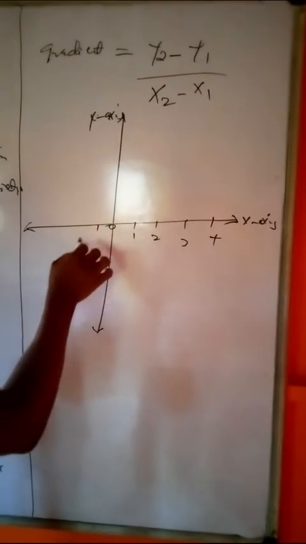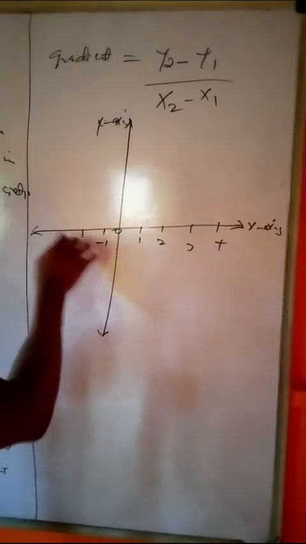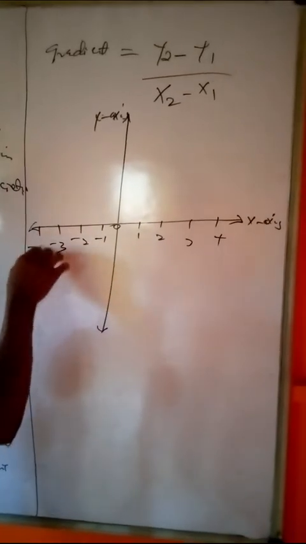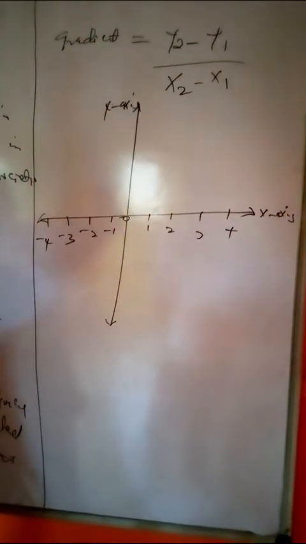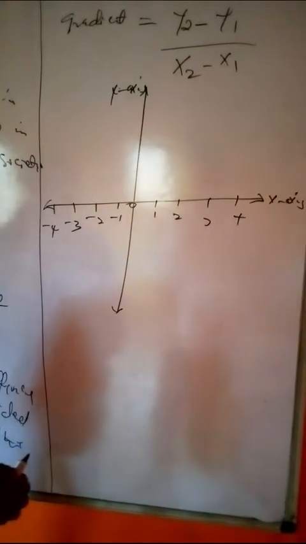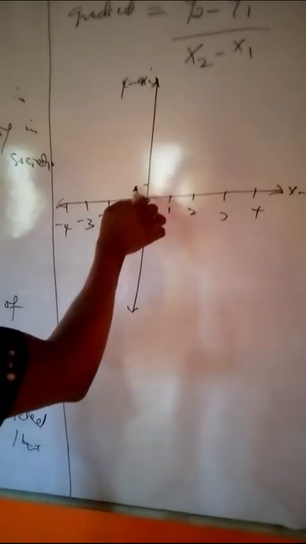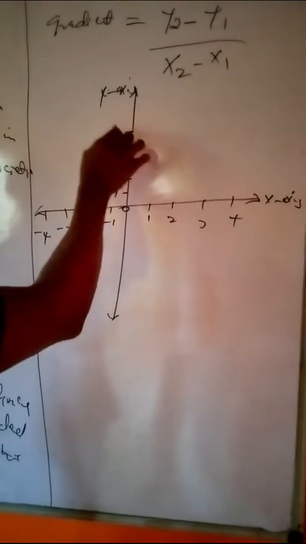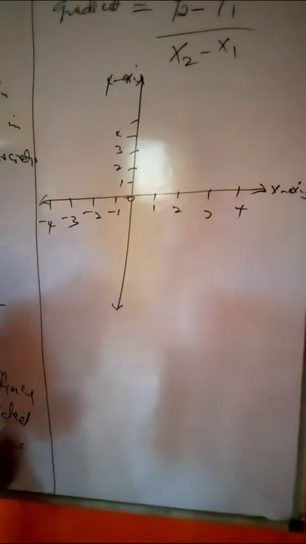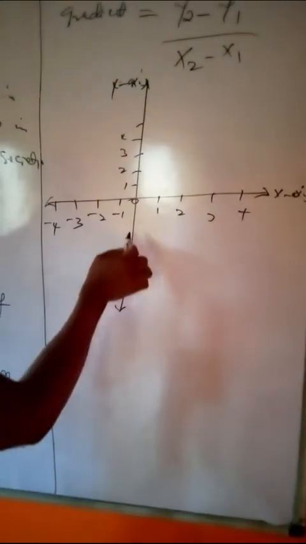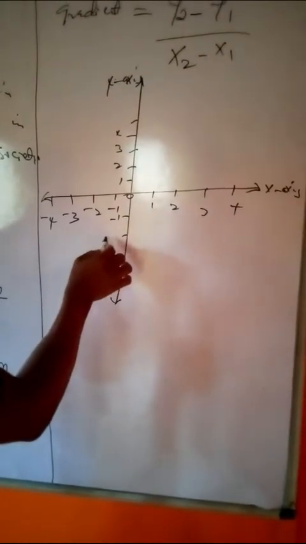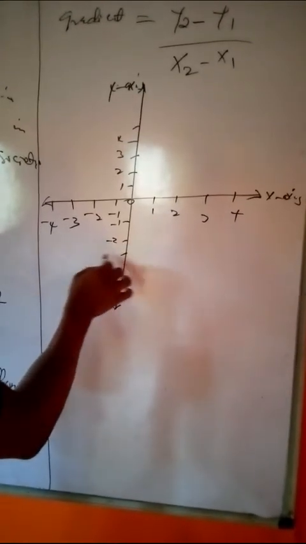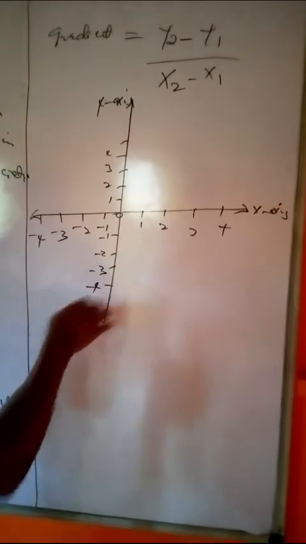And to the left, you have minus 1, minus 2, minus 3, minus 4. In the y-axis, you also have the positive and the negative. As you go to the north, you have 1, 2, 3, 4, and so on. If you go down to the south, you also have minus 1, minus 2, minus 3, minus 4.